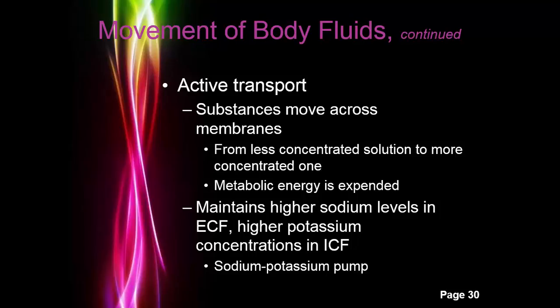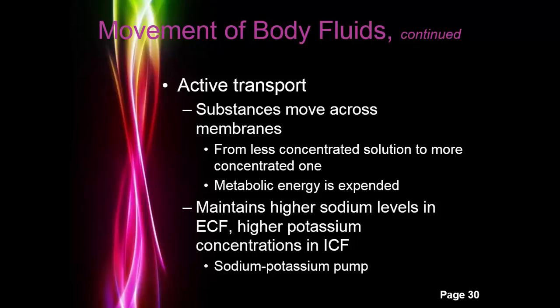Active transport is very important in maintaining the difference in sodium and potassium ion concentration of extracellular and intracellular fluids. Sodium is higher in extracellular fluid and potassium is higher in cells. And so usually when sodium moves into the cells, potassium has to move out.